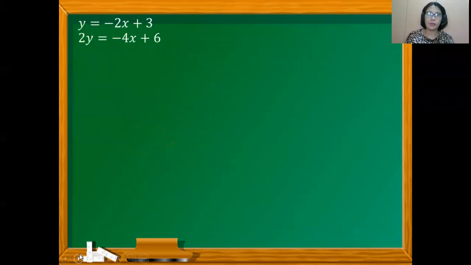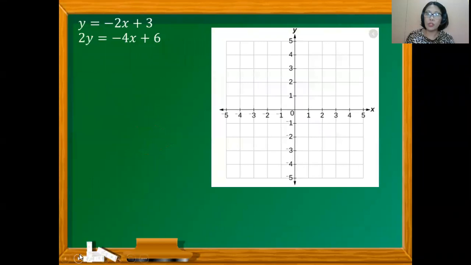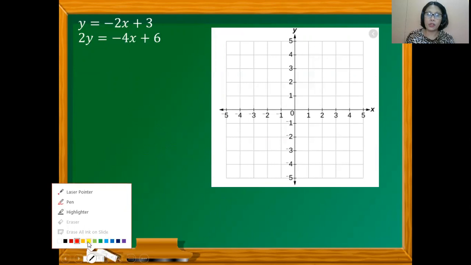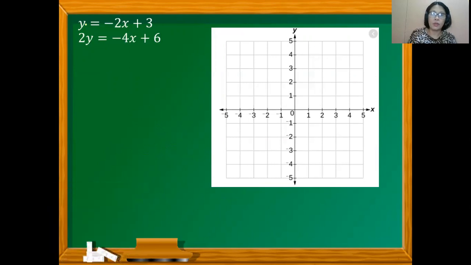So how about this pair of linear equations. This one has 1 point at (0, 3) because 3 is the y-intercept, and we can make use of the slope negative 2 to plot another point.